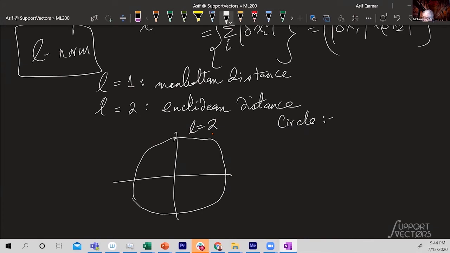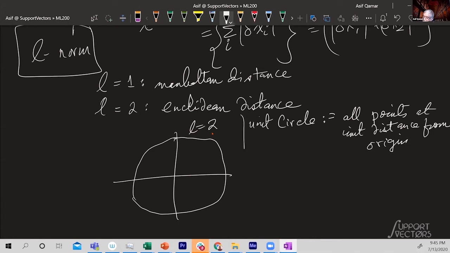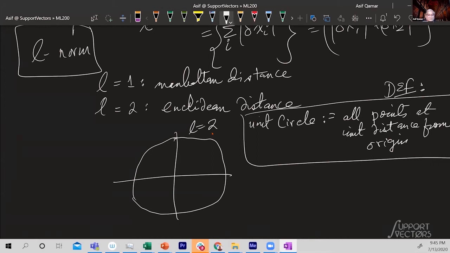A circle is defined as all points, and let me call it the unit circle so that I don't have to worry about the radius, the radius is 1, all points at unit distance from the origin. So this is the definition. Anybody would like to argue with that definition? Is that self-evident, that's how we define circles? Yes. So now let's think what happens when we do it for L is equal to 1, the 1 norm. So points which are at the same distance are here.